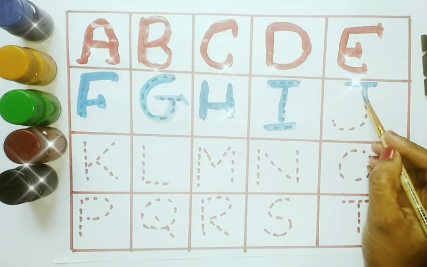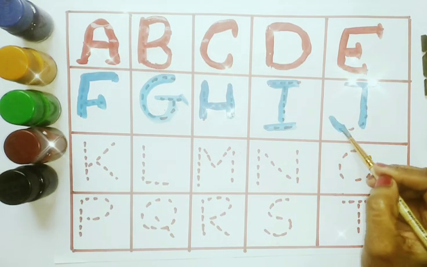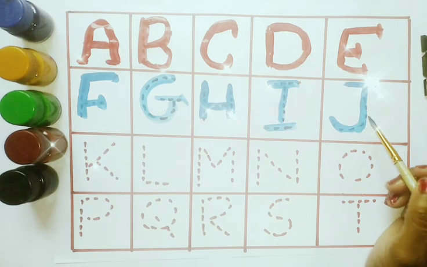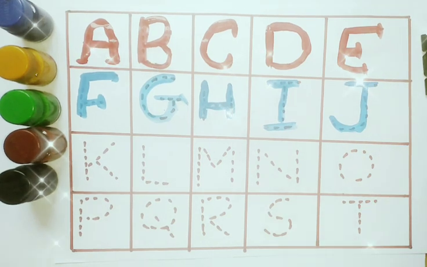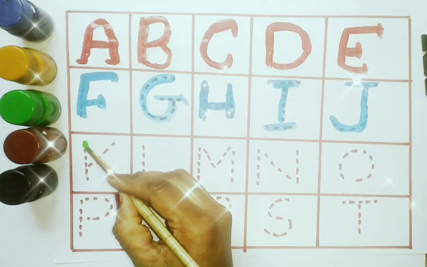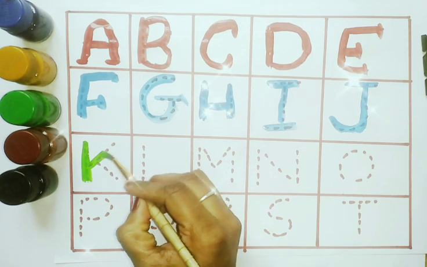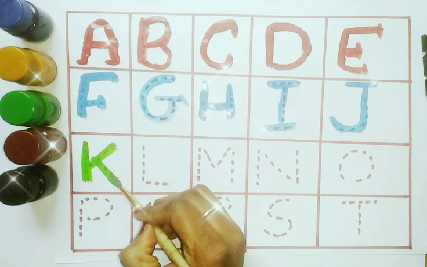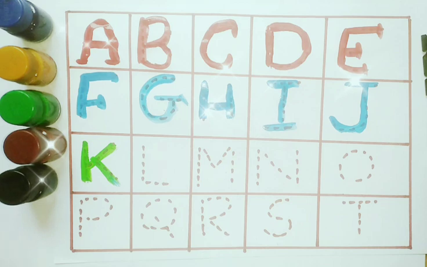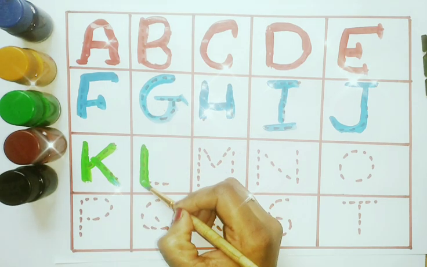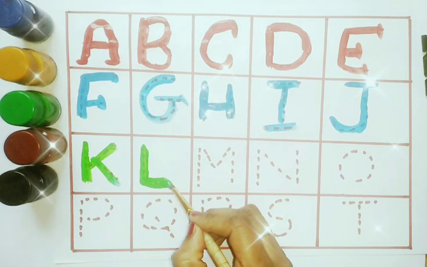J for jelly, J for jelly. Green color, K for kangaroo. L for lion.